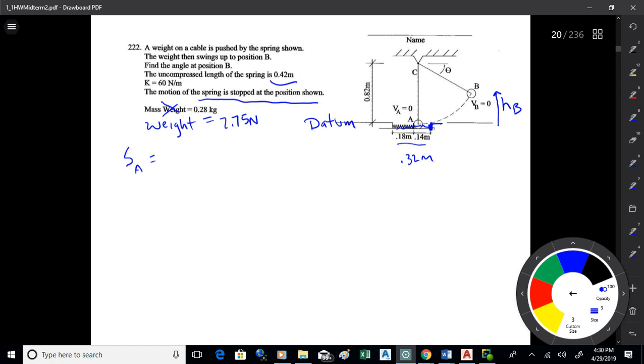Now that thing's 0.18 meters long, and the unstretched length is 0.42. So 0.42 minus 0.18 gets you 0.24 meters. So that's the stretch in the spring at A. Or actually the compression, I guess it would be.